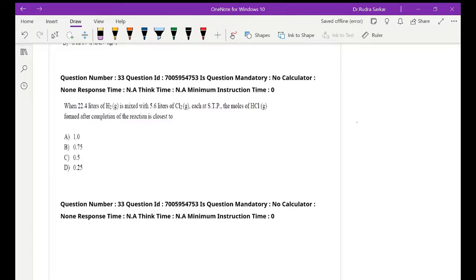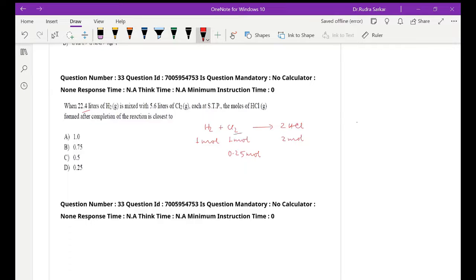Question number 33 says: when 22.4 liters of H2 is mixed with 5.6 liters of Cl2, each at STP, the moles of HCl formed after the completion of the reaction is closest to what? We write the equation H2 plus Cl2 gives 2HCl. So 1 mole of H2 combines with 1 mole of Cl2 giving 2 moles. Now what is supplied to us? 22.4 liters of H2 means 1 mole. 5.6 liters of Cl2 means 0.25 mole.